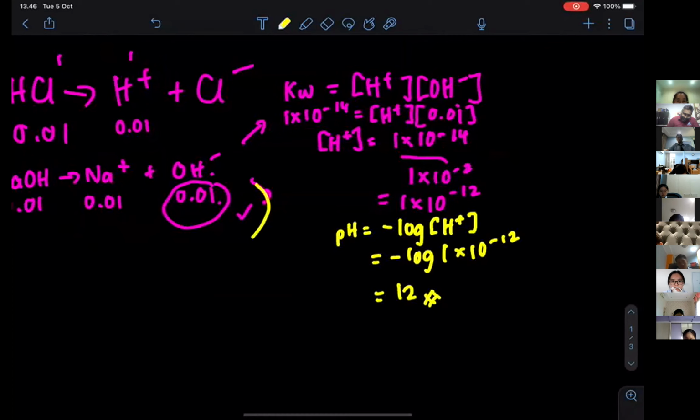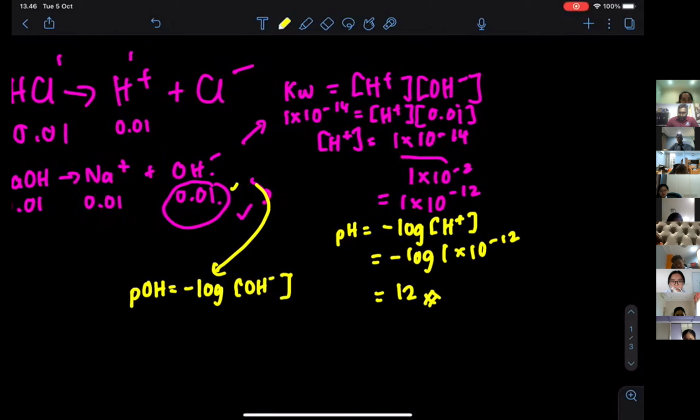And there is another method which I taught you. In order to do this, if there is no H plus, you just change the pH formula into pOH. pOH is negative log concentration of OH minus. And OH minus, you know, is 0.01. So you just need to put negative log 1 times 10 negative 2, and then you will get the pOH is going to be 2.